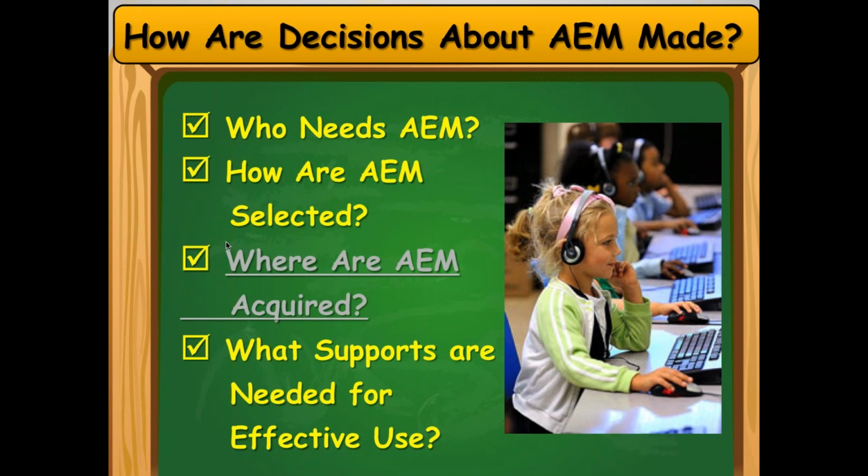These are files that are free for IDEA, for special education students who are either blind or have print disability. There are also commercial sources. Some instructional material can be purchased in accessible format from different publishers. And there are also free sources.